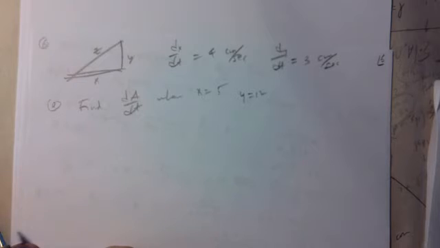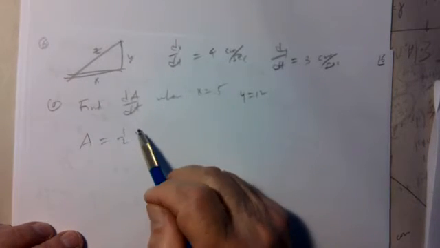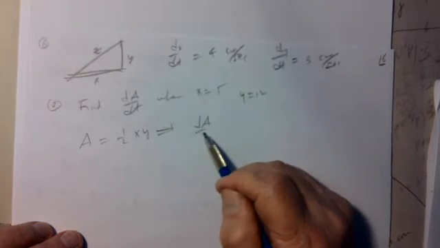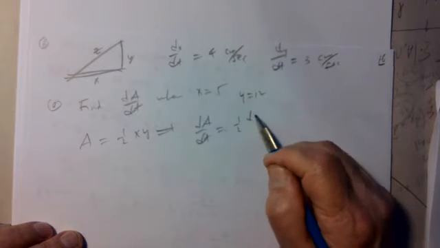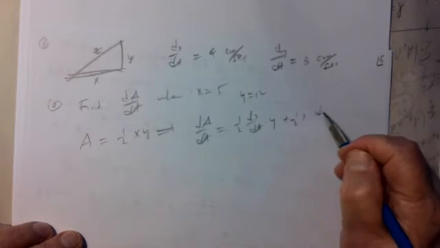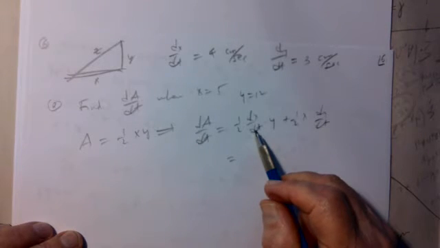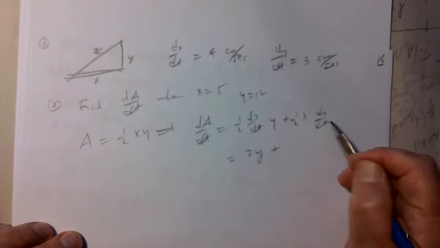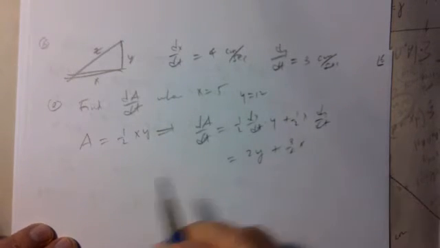Well, the area is a half the base times the height. So dA/dt is equal to 1/2 dx/dt times y plus 1/2 x dy/dt. dx/dt was equal to 4. A half of 4 is 2, times y, plus dy/dt is 3, so 3/2 times x.